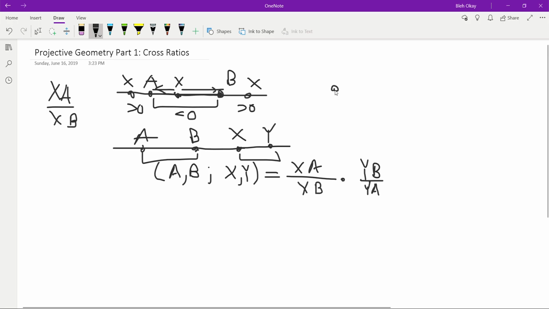If AB and XY were nested, so let's say we had AB here and XY here, A, X, Y, B, so they're nested, then this also results in a positive cross ratio because for XA over XB, we see that's negative, but YB over YA is also negative. And when we multiply two negatives, we get a positive.